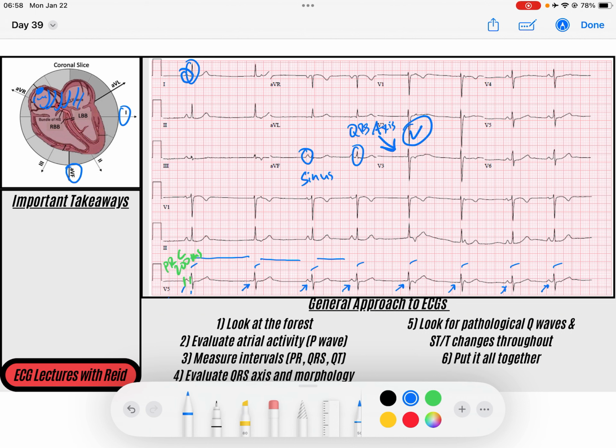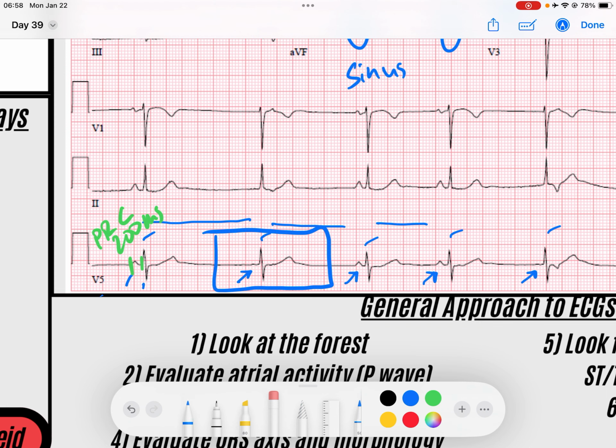Something I like to look for is, we said that there is no P wave. We'll start with this first beat. Our QRS is narrow, and it closely resembles the baseline QRSs that we are seeing. And like we said, there is no P wave here. So this looks like a junctional escape beat. And why would I say that?